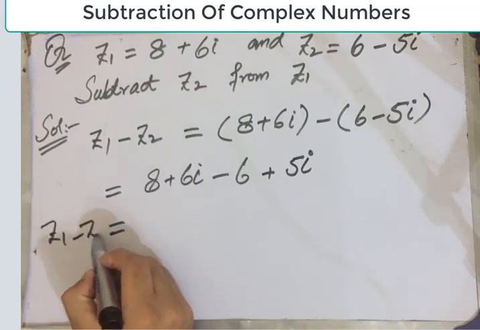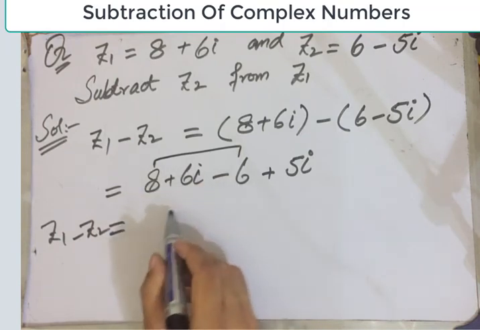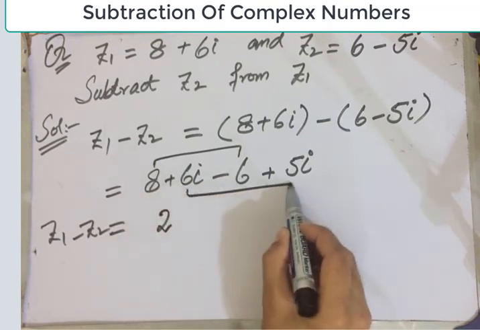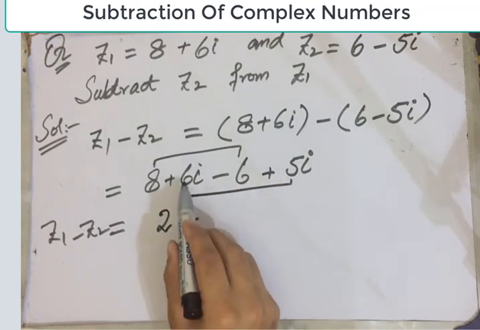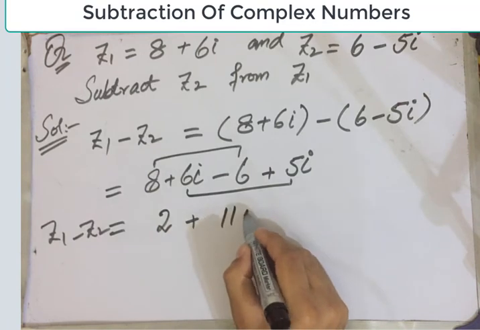Z1 minus Z2, simply subtract these two numbers: 8 minus 6 is 2, and add these two numbers, plus 6 iota and plus 5 iota is equal to 11 iota.